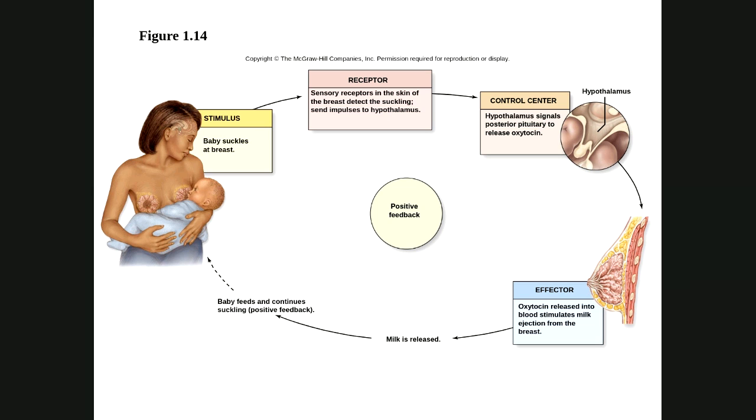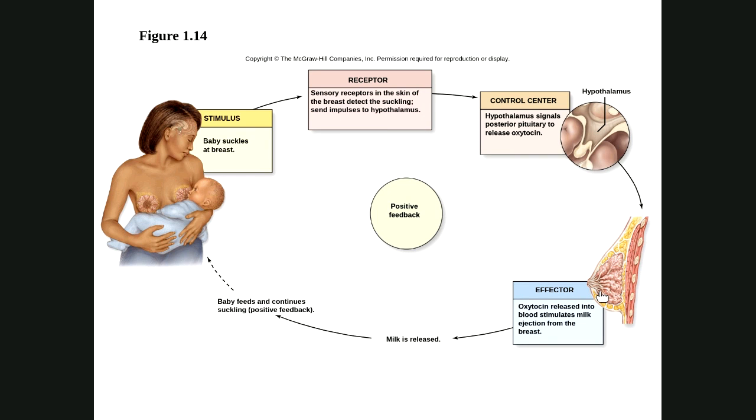Okay, so here again is that example, shown in a little bit more of a diagram. We can see the stimulus is the baby suckling, and then the receptors are on the skin, and that's sent to the hypothalamus, which causes the release of oxytocin. Oxytocin flows through the bloodstream as a hormone and affects the mammary glands to release the milk.